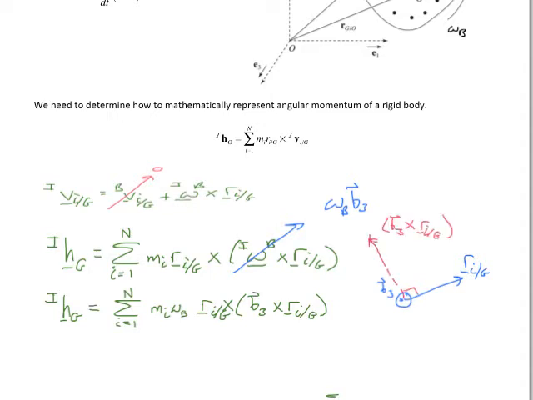Because it's a cross product, it's always 90 degrees to both of these vectors, it's orthogonal, and then we're going to cross r with our new vector, and when we do this, we obtain a vector pointing right back at us, so it's in the b3 direction. So we see here that this vector, r cross b3 cross r, is always going to be in the b3 direction, and then the sign of the scalar, the mass multiplied times the angular velocity, is going to give us whether it's in the positive b3 or negative b3 direction.